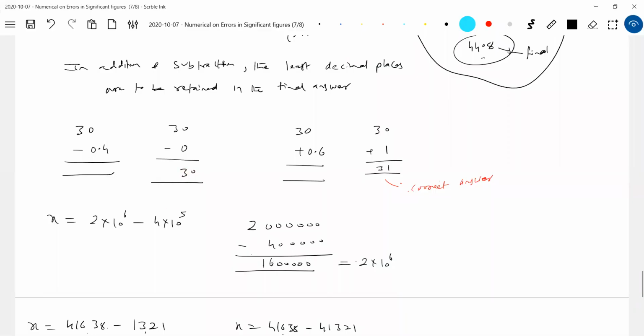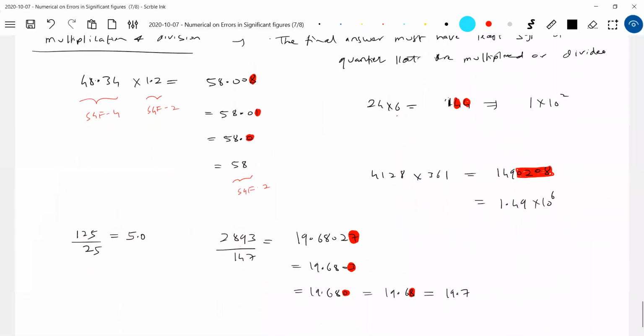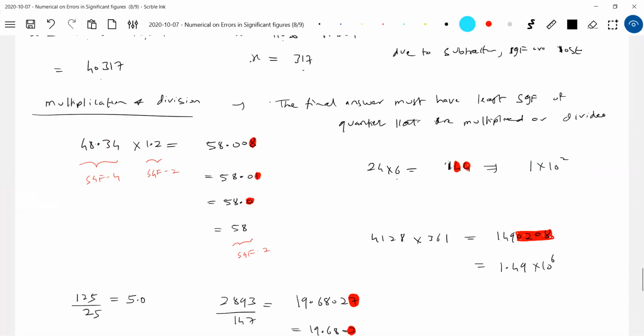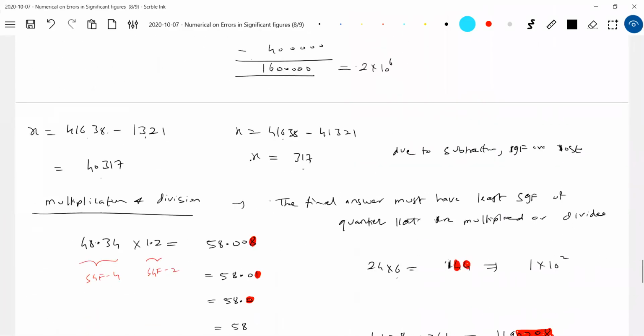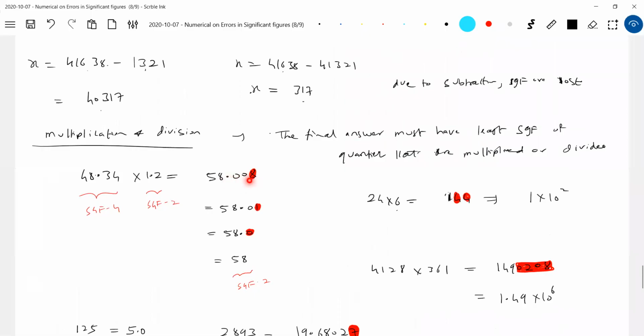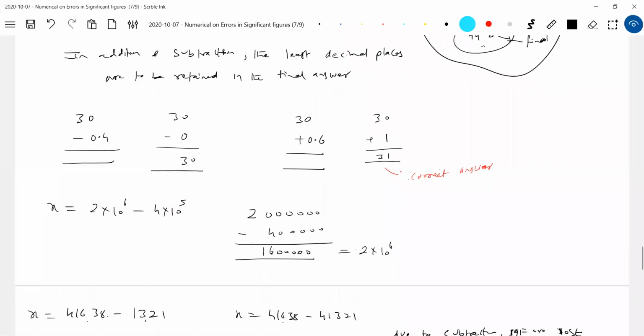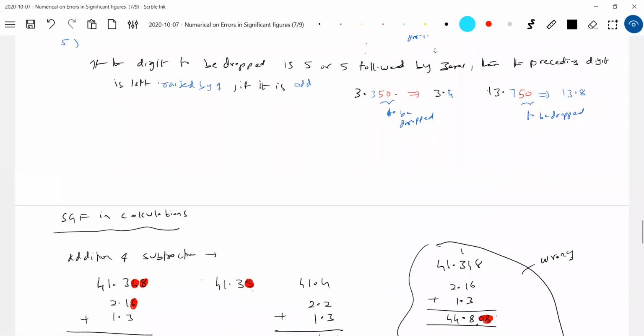So whether addition or subtraction comes, you have to be very careful. You do have many questions, especially in integrated books, where they give dimensions of an object, then ask you to find out the volume. In calculations, you should be very particular about significant digits for multiplication and division. When you're doing addition and subtraction, you should bother about what? The decimal places. And these are the general rules.